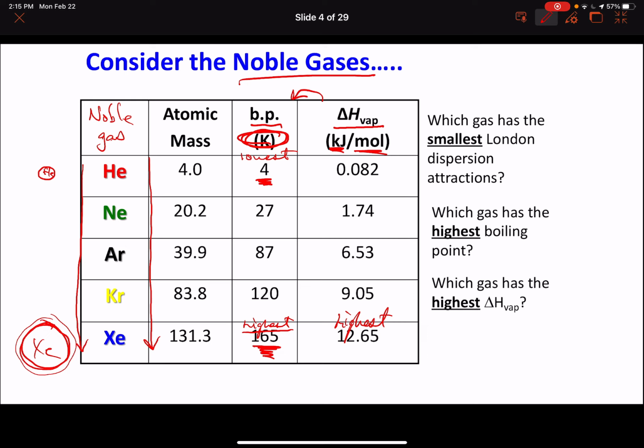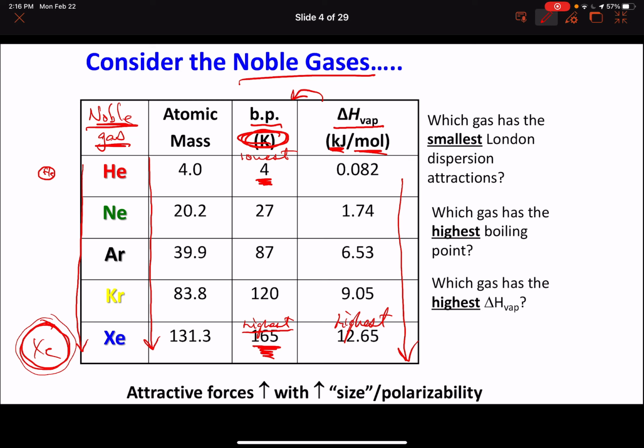And that is because we have very weak intermolecular forces between these noble gases, but still measurable, and we see the numbers increase down the series. Okay, so again, we're seeing how the attractive forces between atoms, in this case, noble gas atoms, are increasing with the size of the feature in question, in this case, a noble gas atom.